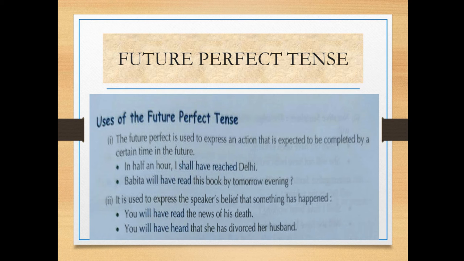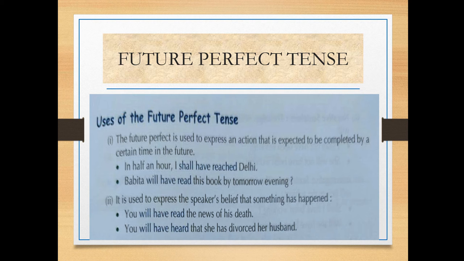For past tense, we usually use had, and for present and future tense, we use has or have, depending on the person: first person, second person or third person. Depending on that, we use the words has and have.